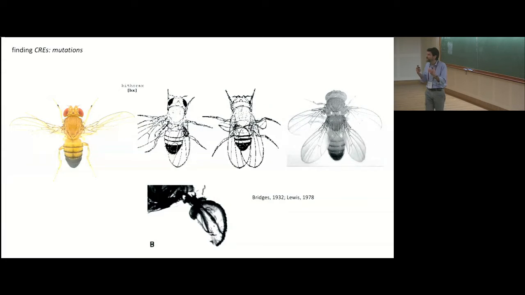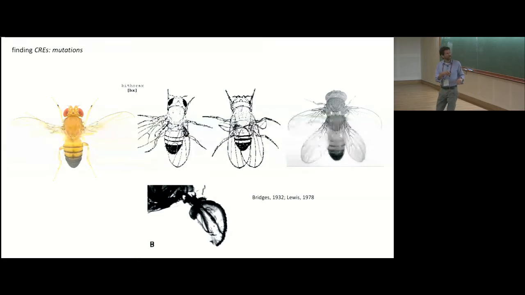And how do you guess that this mutation affects a regulatory region rather than a protein coding region, for example? Because you might have another mutation that actually destroys the protein coding region. And when you combine the two mutations, you will find that the mutation is like this one, not like the total loss of function of the protein function. So this is not really a total loss of function.